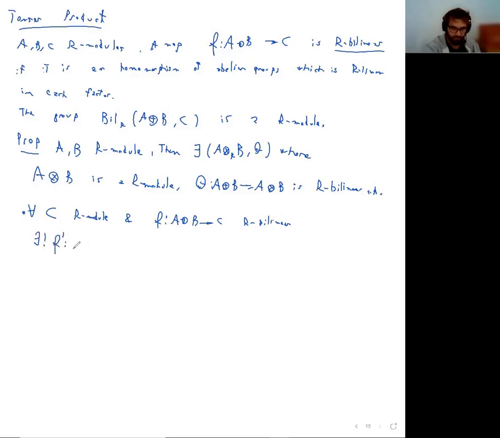So F prime from A tensor B into C, a morphism of R-modules, such that F is F prime composed with theta.